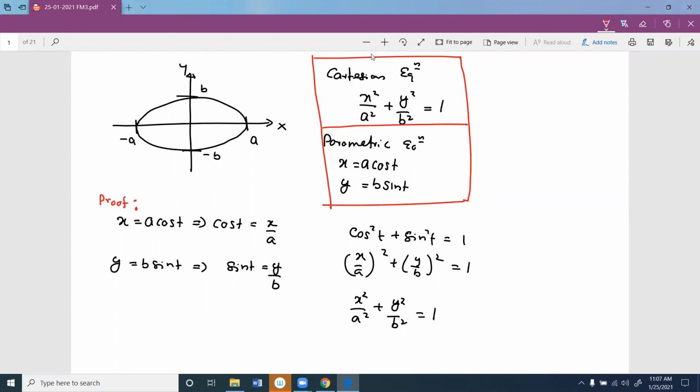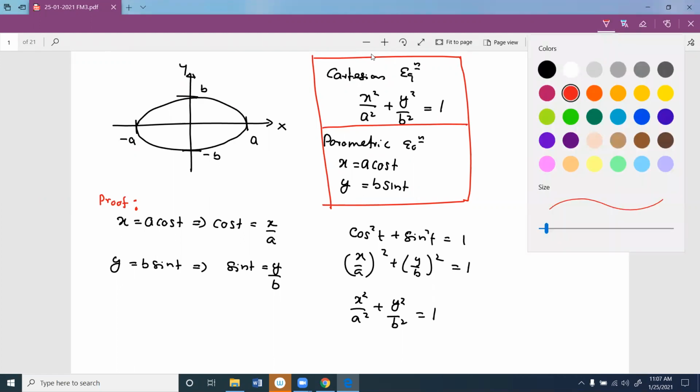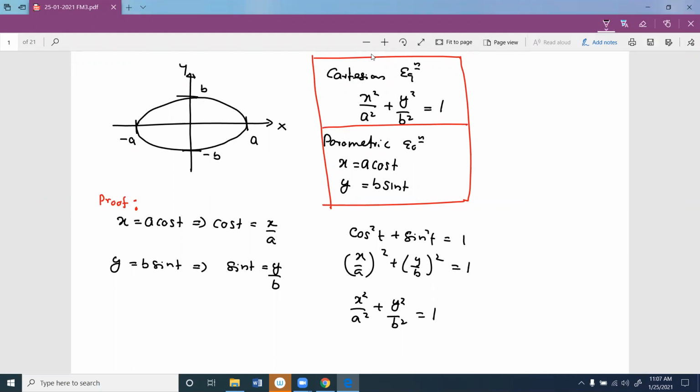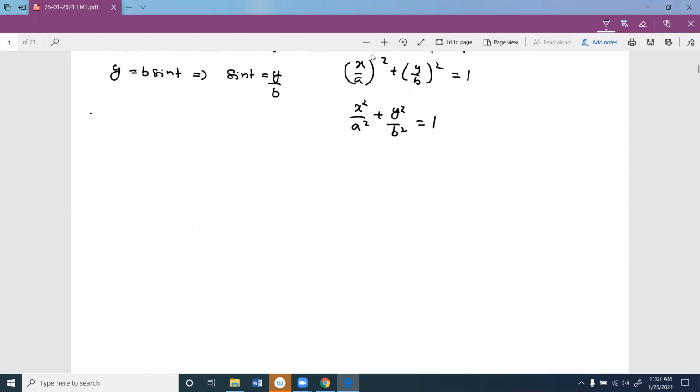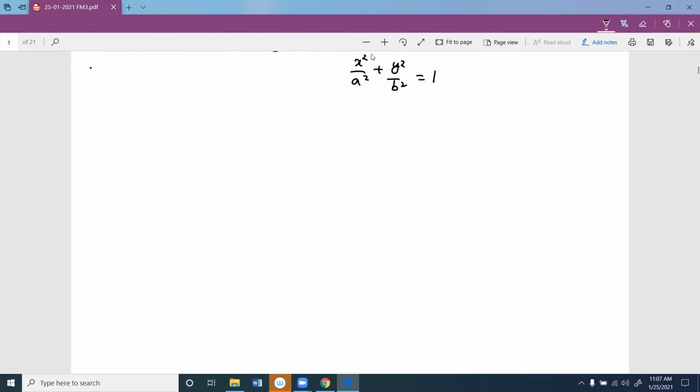Now let's see from a question how to understand the concepts of the Cartesian and parametric equations. For example, if you happen to see the equation 4x squared plus 9y squared equals 36, we need to draw the ellipse based on this Cartesian equation. So I will divide all of these expressions by 36.